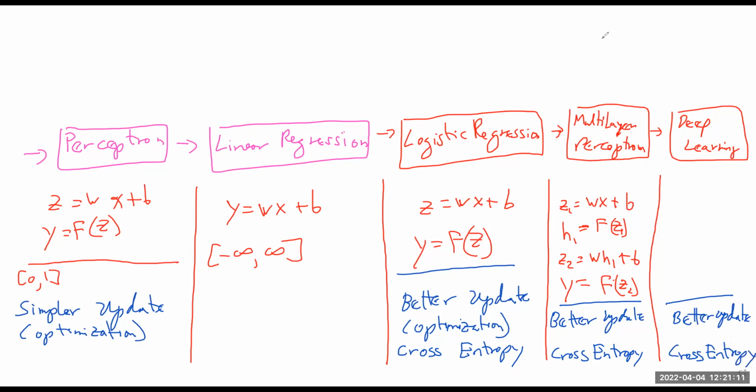What is classification? When we're trying to classify between classes, like in the iris data: setosa, virginica, versicolor.